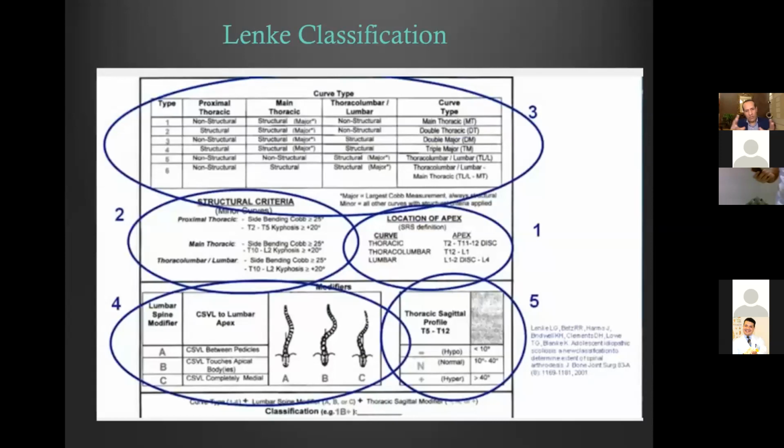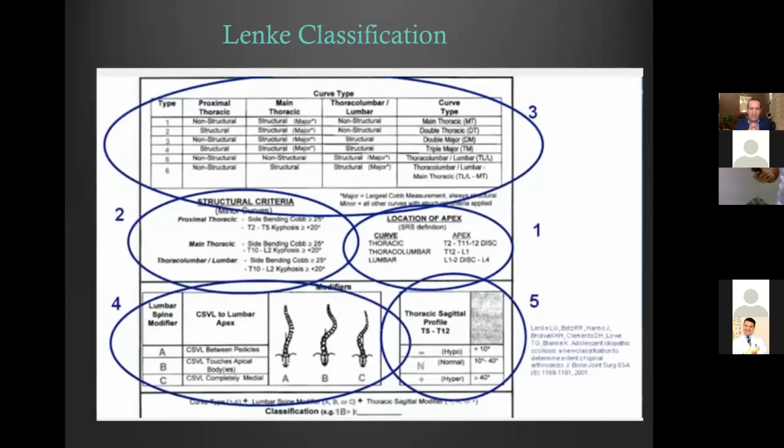And how would the data that we talk about now help us? We are talking about clinical classification: how can clinical classification guide us in the selection of the curves for fusion?